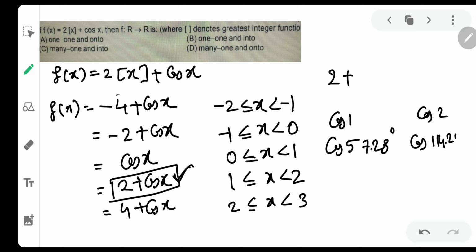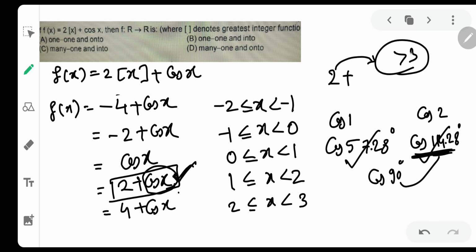So it will cross 2, but can it cross 3? Can 2 plus cos x cross 3? Definitely it cannot cross 3, because the maximum value of cos x is 1. So 2 plus 1 will be 3, but it can never cross 3. Why? Because cos of 114.28 degrees can never be equal to 1. So definitely it will be less than 3. Now, can it be equal to 1?